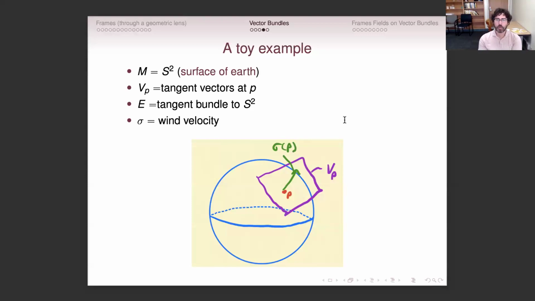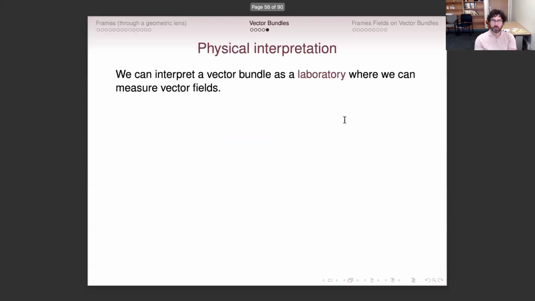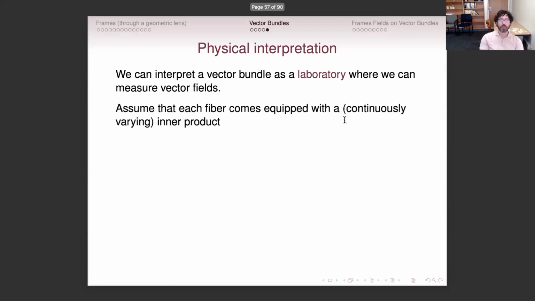Okay. So there's a nice physical interpretation of vector bundles. One way you can think about a vector bundle is like a laboratory, and it's a laboratory where the things you can measure are vector fields. So let me try to make this a little bit more precise.